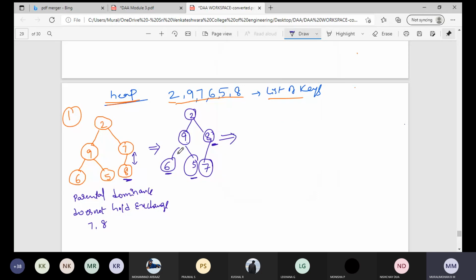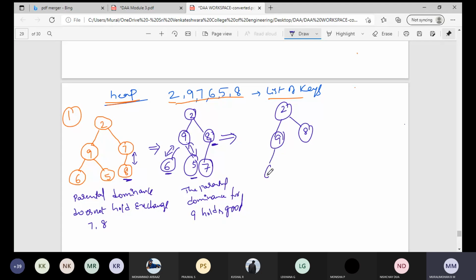This tree we are checking this and this, right? So here it is holding good. So here you just write that the parental dominance for node 9 holds good, from this side as well as from this side. So we will just write as it is: 2, so 9, and here it is 8, and here it is 6, here it is 5, and here it is 7.